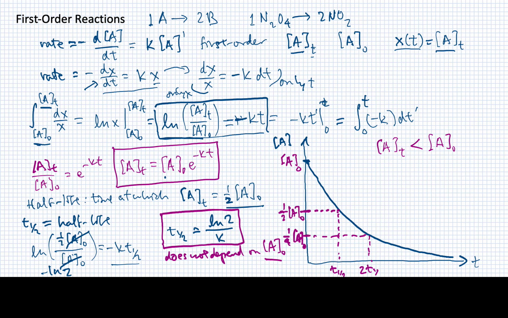And it turns out that this second half-life, the distance between these two time points, is the same. So in other words, successive half-lives have the same duration.